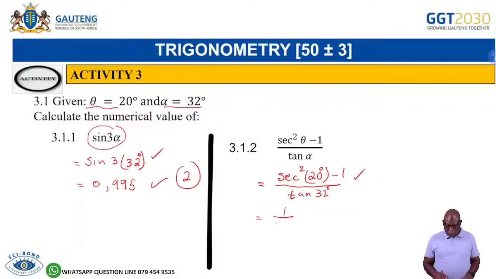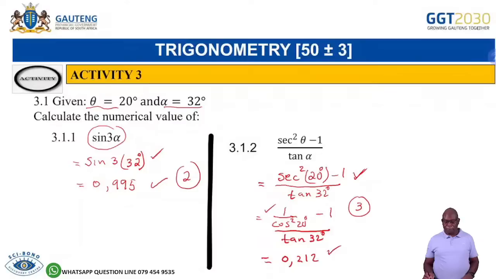So I'm going to use that as cos squared of 20 minus 1 all divided by the tangent of 32. Take out your calculator, punch it as it is, and you just write down your answer. I think your answer is 0,212. And you have got a mark for that, you have got a mark for changing that, you have got a mark for that. That's the easy 3 marks.